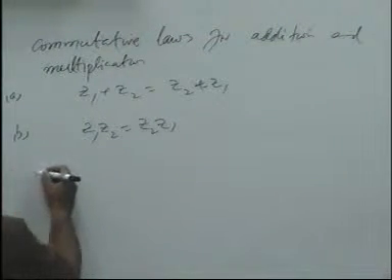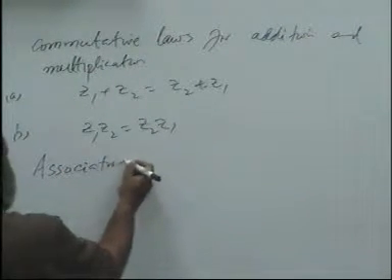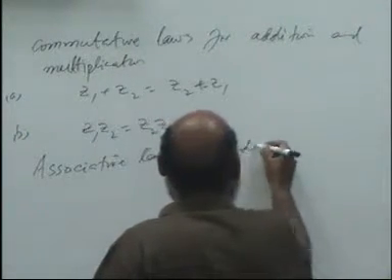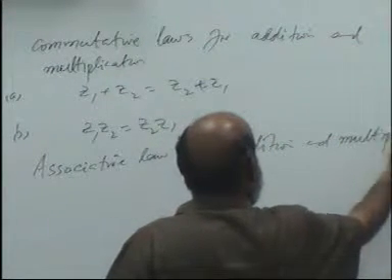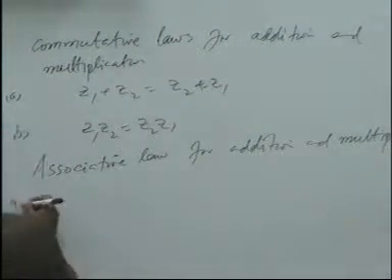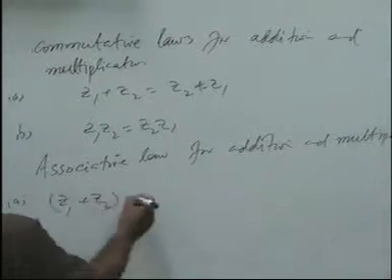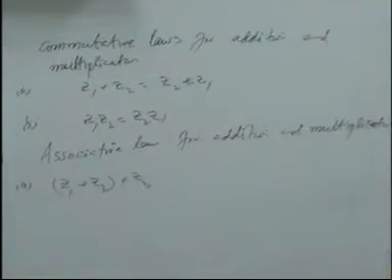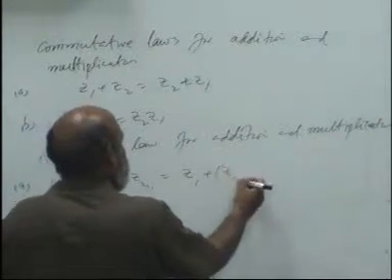Then law of associativity, that is associative law for addition and multiplication. That is, if we consider 3 complex numbers, then this way of addition is the same as this way of addition.